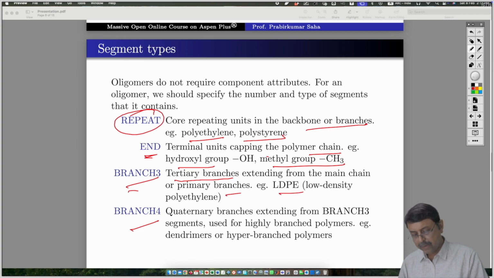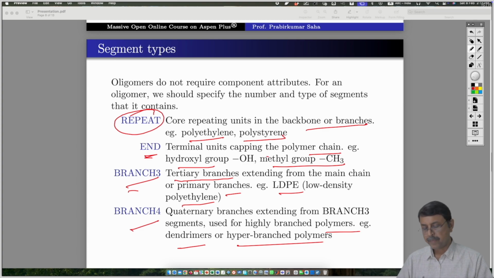For instance, low density polyethylene or LDPE is an example of a Branch 3 segment. And Branch 4 means quaternary branches extending from Branch 3 segments, used for highly branched polymers, for example dendrimers or hyperbranched polymers. So these are the several types of segments that we can identify.